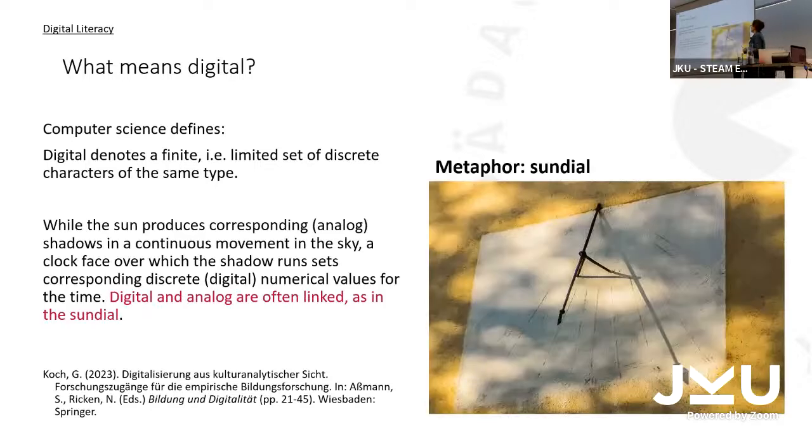And she shows a metaphor, the sundial, and she says while the sun produces corresponding analog shadows in a continuous movement in the sky, a clock face over which the shadow runs sets corresponding discrete digital numerical values. This is here for the time. And so digital and analog are often linked, as in the sundial. And I think this metaphor is quite good. I like it.